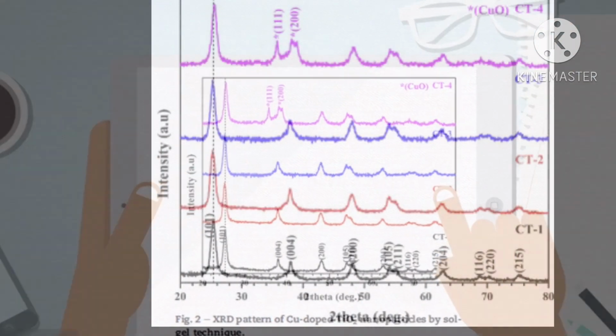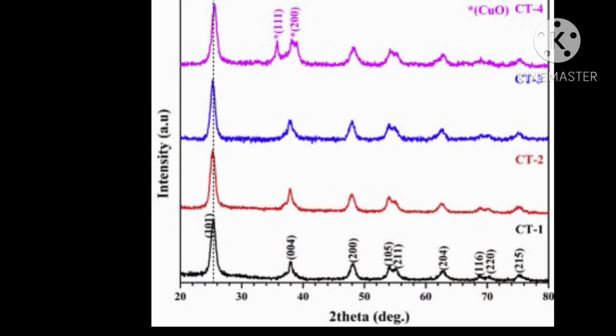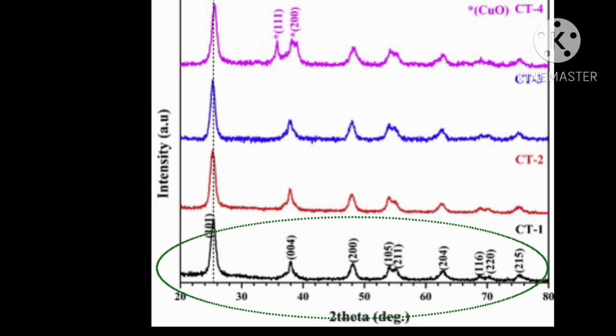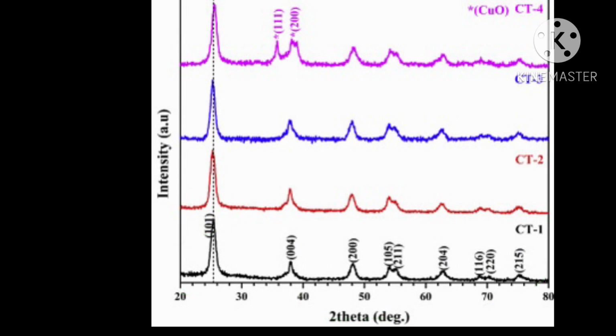Figure 2 shows the XRD pattern of copper-doped titanium dioxide nanoparticles, with peaks at 101, 004, 200, 105, 211, 204, 116, 220, and 215 planes of the samples, which match those of pure titanium dioxide with a tetragonal crystal system.